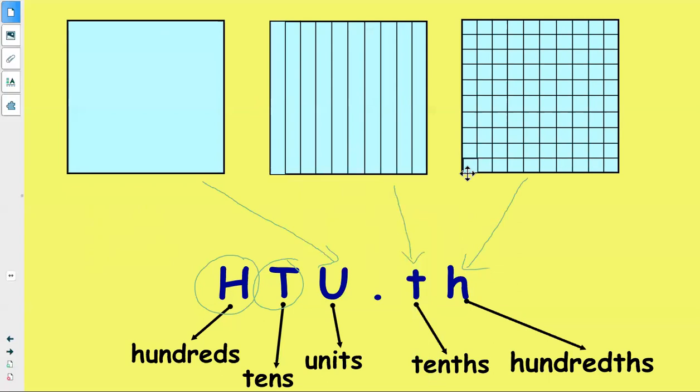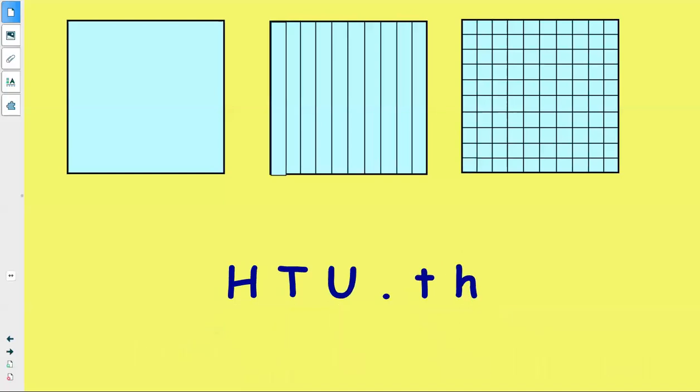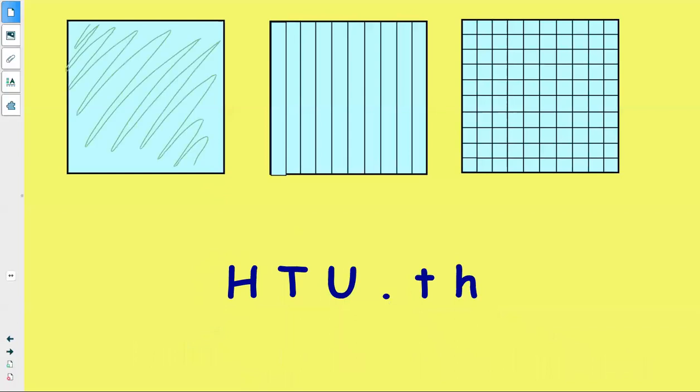Okay, let's move on. So if I shaded one of these in, and one of these, and one of these, what does that represent? It represents 1 whole, or 1 unit.